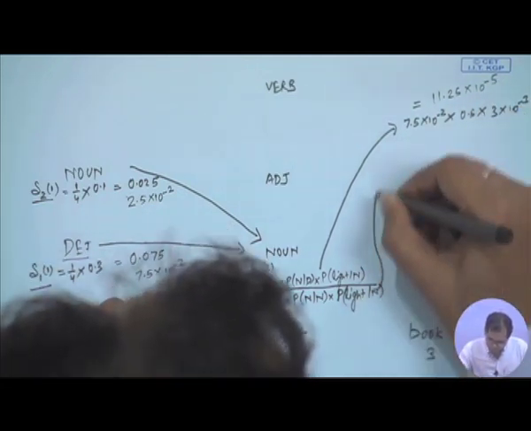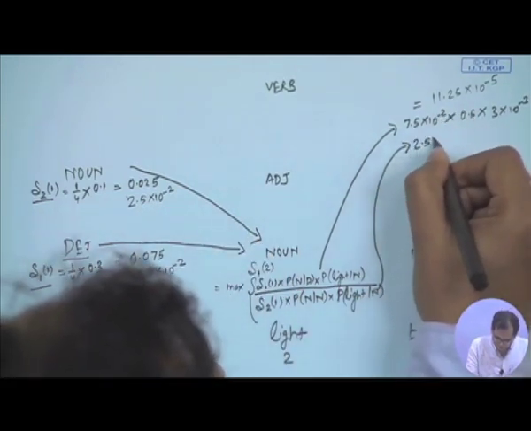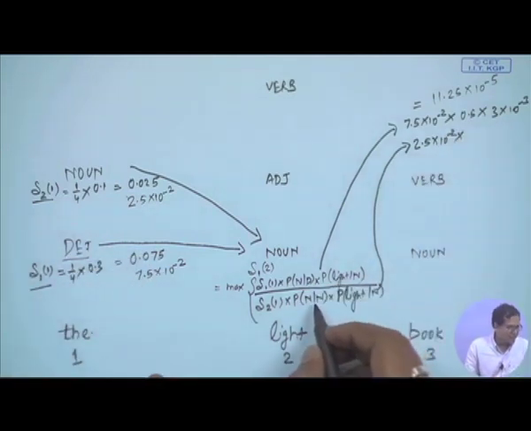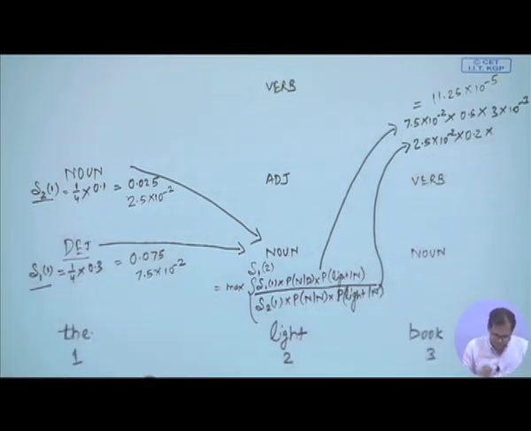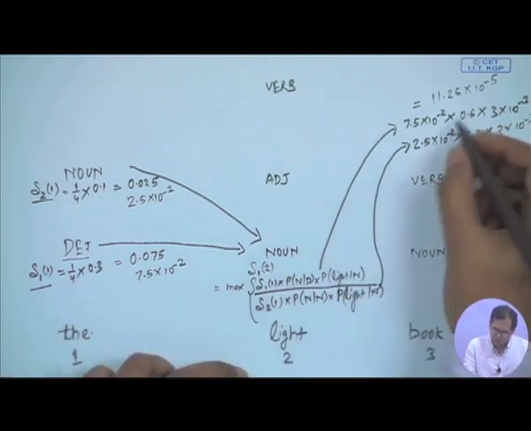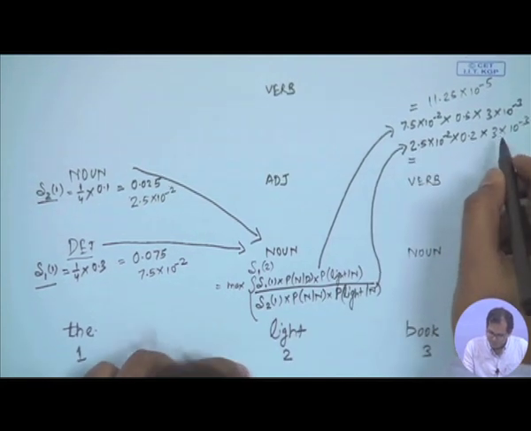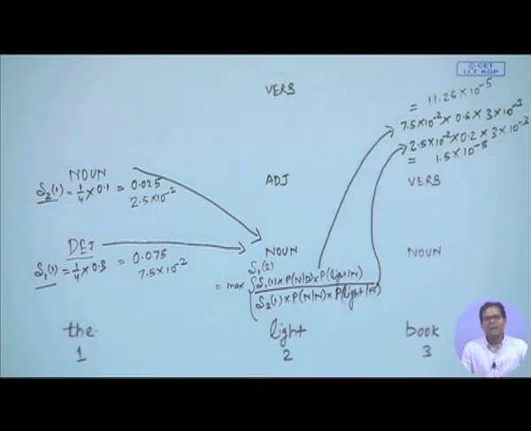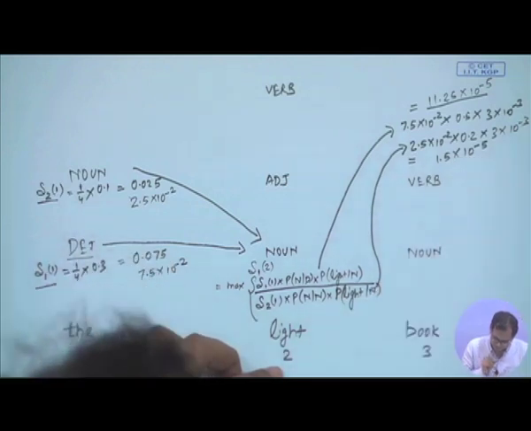And the second one becomes 2.5 into 10 to the minus 2 times probability of n given n, this is 0.2, into probability of light given n, that will be 3 into 10 to the minus 3. Okay, and that is 1.5 into 10 to the minus 5. Okay, and from these two you can say that this one is higher than the next one.